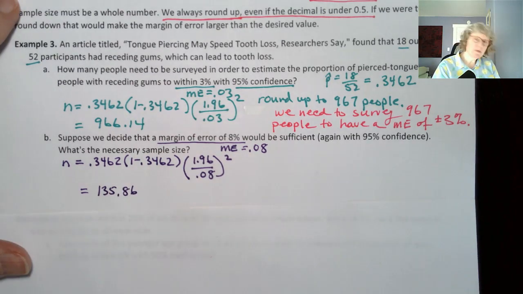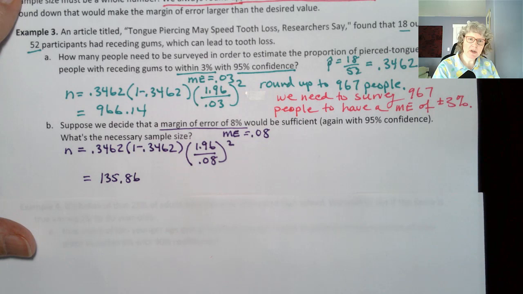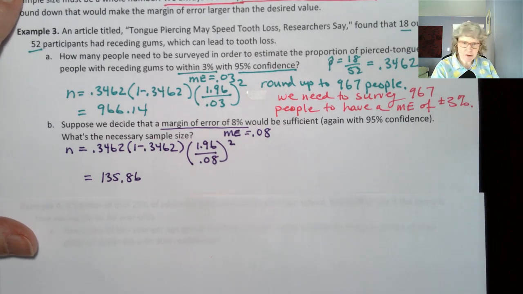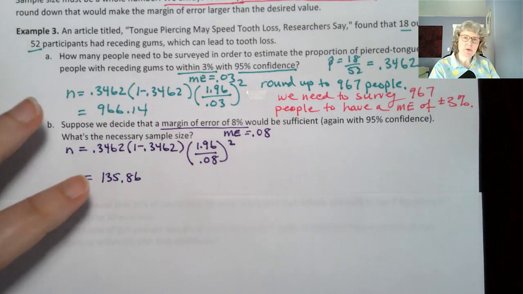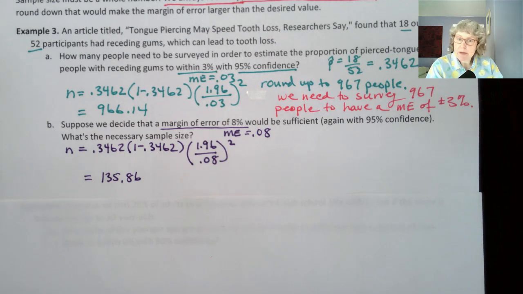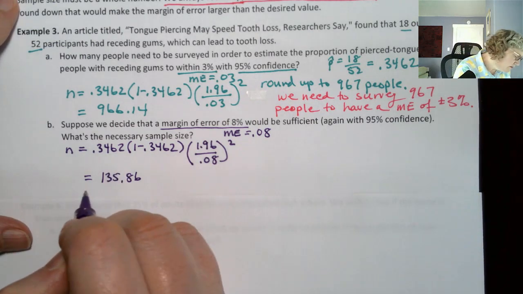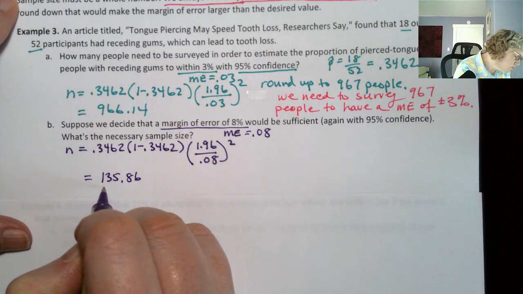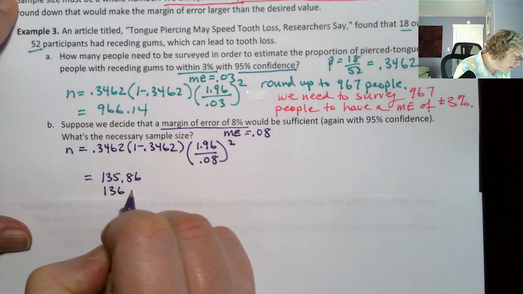People, right? We're always going to put people when we get to that point, but we can't have 0.86 of a person. In this case, it's greater than half a person, so we would round up anyways, but we're always going to round up. So we're going to round that up to 136 people.